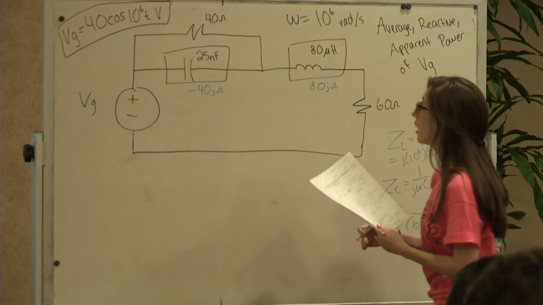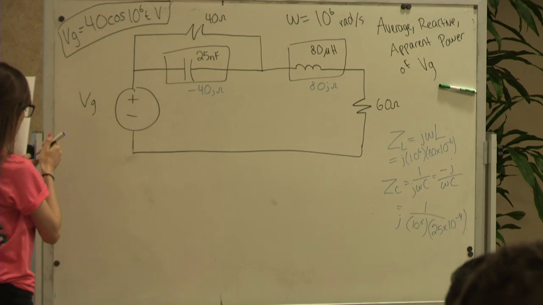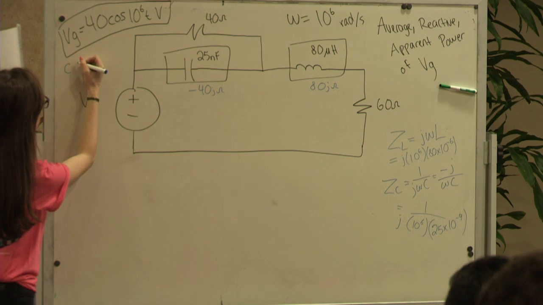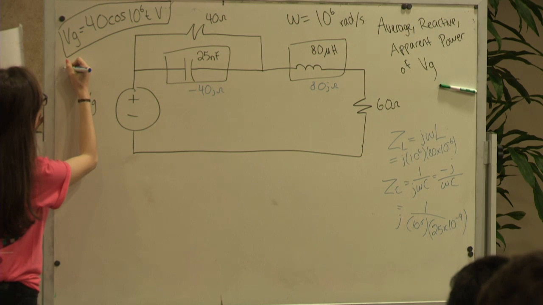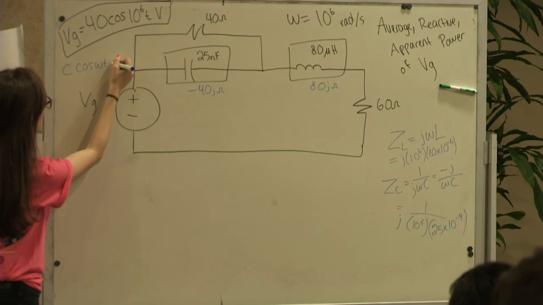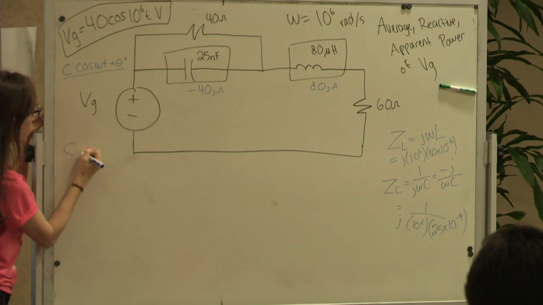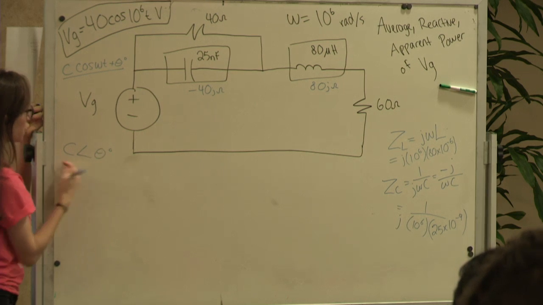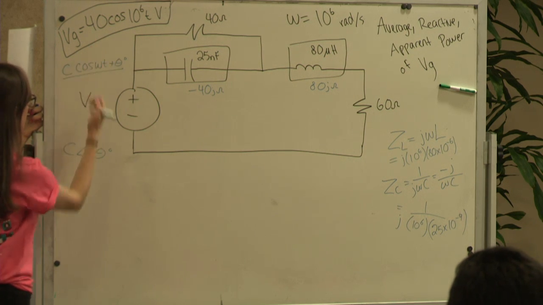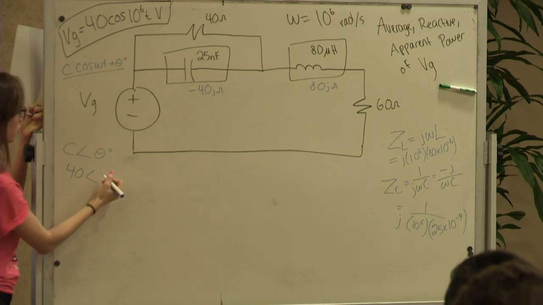Okay. And what about our VG? This is in the form of C cosine wt plus theta. So you want to convert it into polar, which is C angle theta. And C is going to be 40, and your angle is just 0. There's no angle in there.